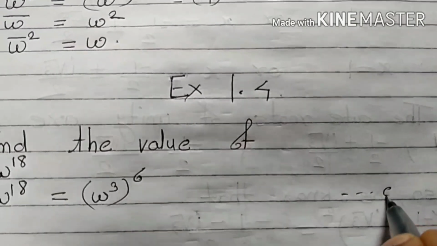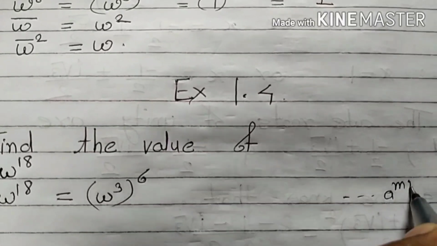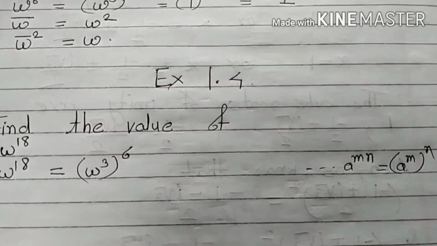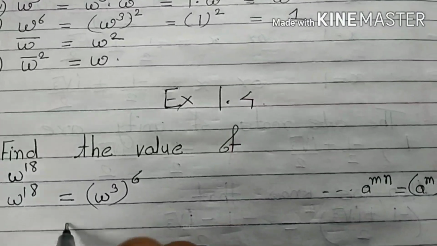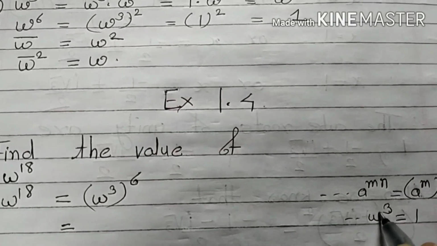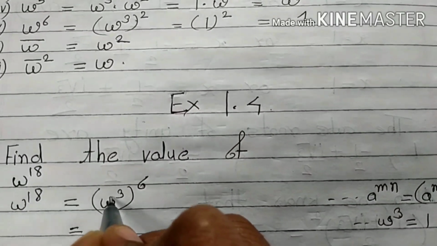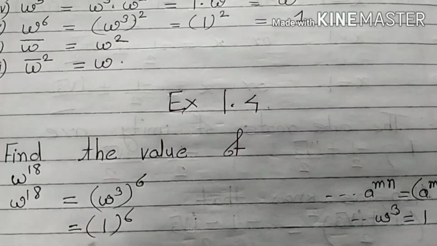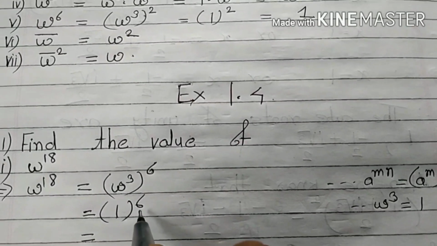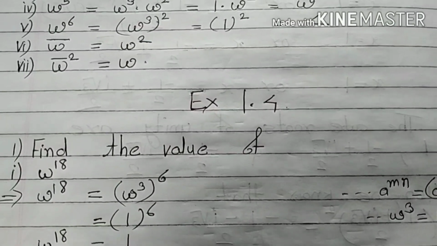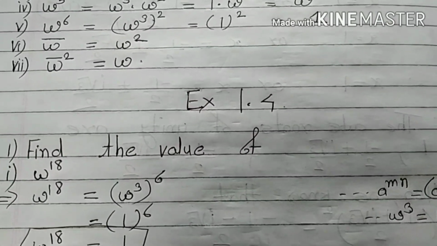We know the formula a raised to m into n is equal to a raised to m, whole raised to n. This is the law of indices. Now we know that omega cube is equal to 1, so here it is 1 raised to 6. 1 raised to anything is 1. Therefore, omega raised to 18 is equal to 1.